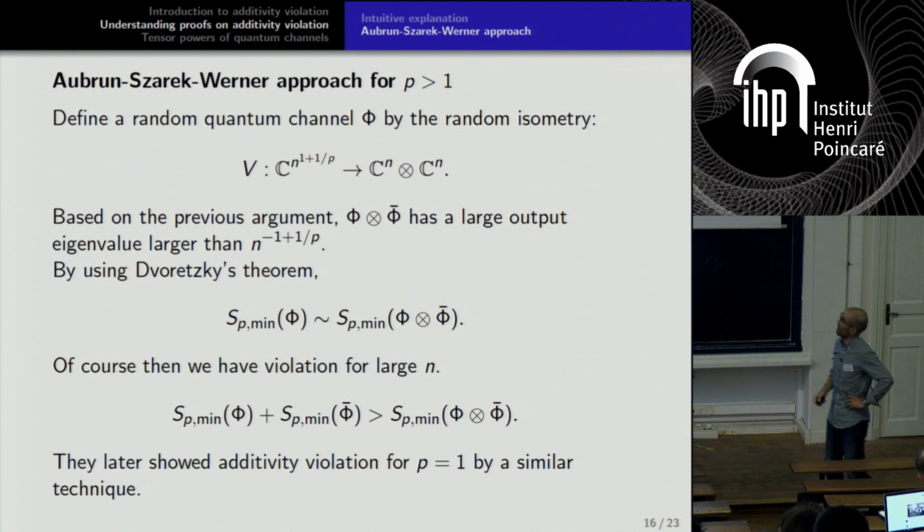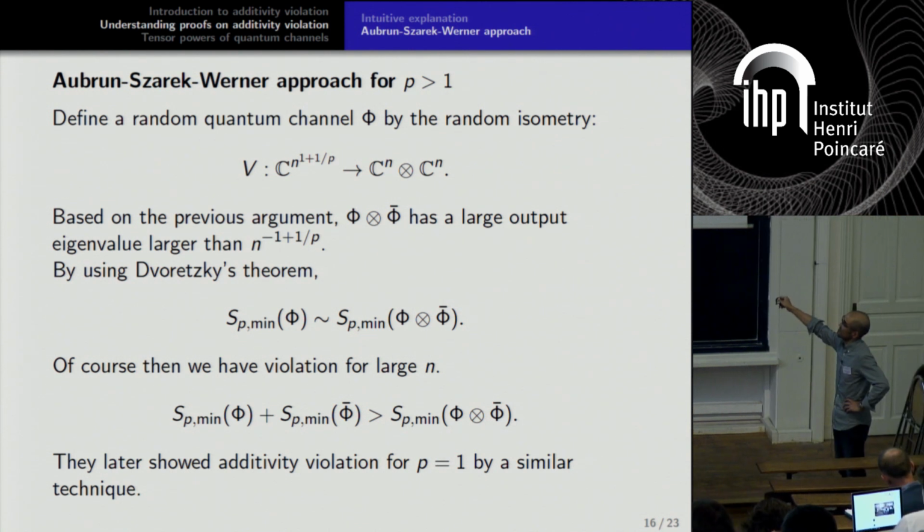Anyway, they also extended this technique to the original problem, the additivity violation for the entropy case here.